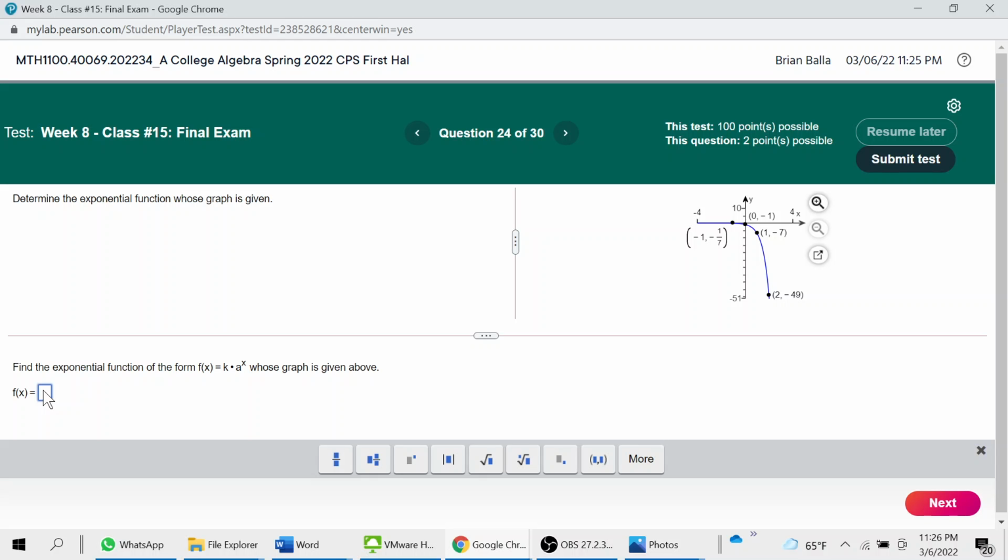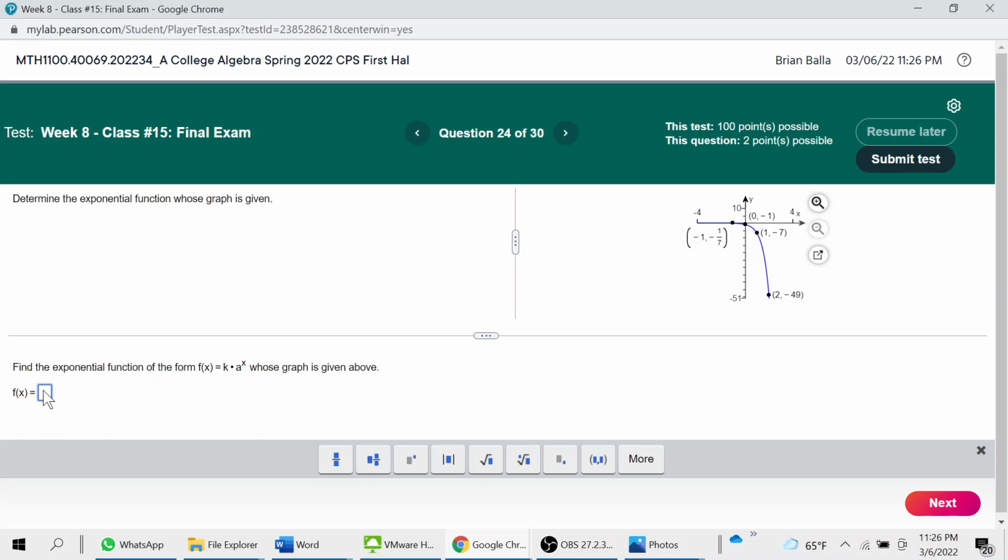Okay, quadratic, cubic, quartic, linear regression, interesting. K equals ax, what's going on here? Okay, let me try it again. Wait, let me check if I put it in correctly. -1, -1/7, okay. 0, -1, 1, -7, okay, 2, -49, okay.